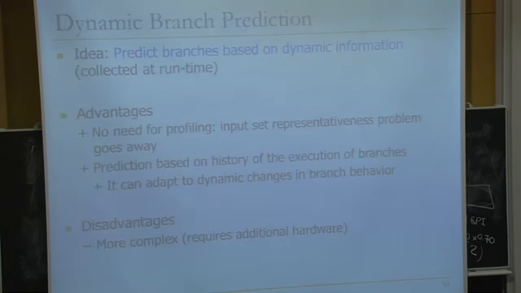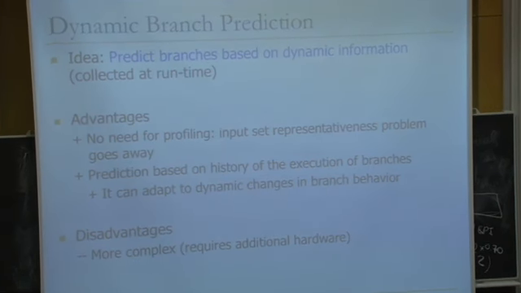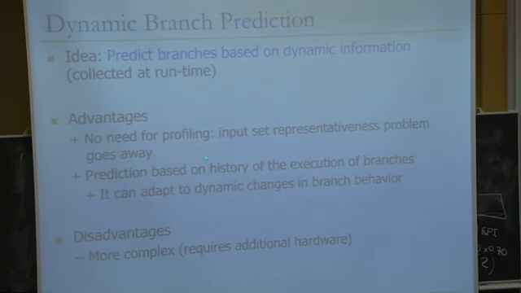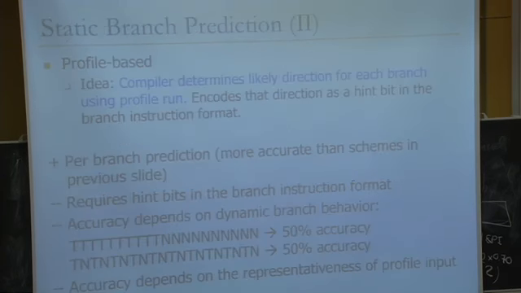Let's see how we do that. The key idea is to predict the branch based on dynamic information collected at runtime. Advantages: first of all, this eliminates the need for profiling. Second, the prediction is based on the history of the execution of the branch. You can adapt to dynamic changes in branch behavior like this.